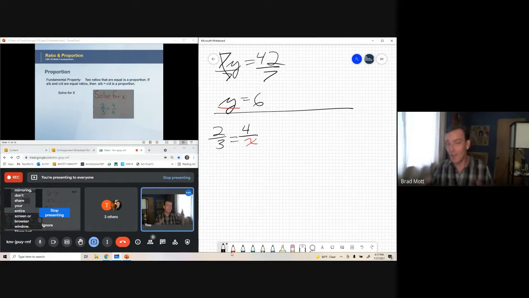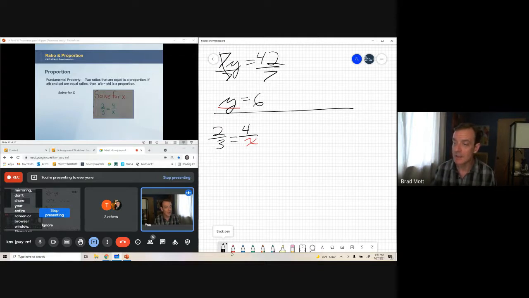So this is the mantra. This is the quick and dirty way to take care of these when you see something like this that I want you to repeat to yourself and learn. You want to cross multiply and solve for the unknown. That's cross multiply and solve for the unknown.